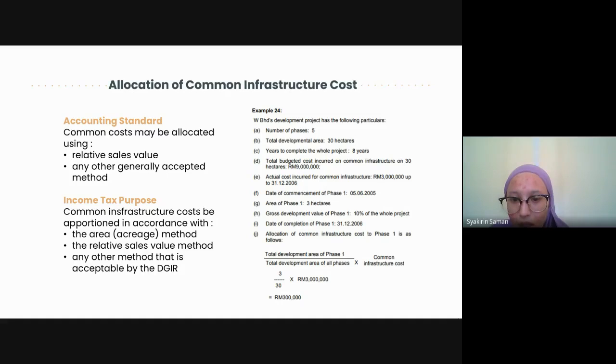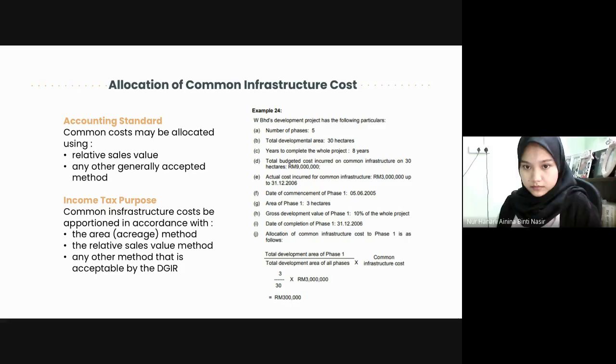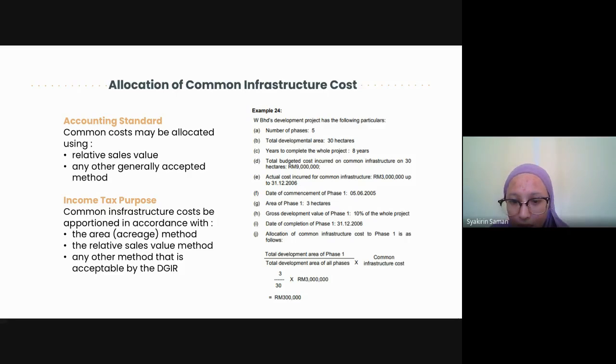The date of commencement of phase 1 is 5 June 2005. The area of phase 1 is 3 hectare and gross development value of phase 1 is 10% of the whole project. The date of completion of phase 1 is 31st December 2006.